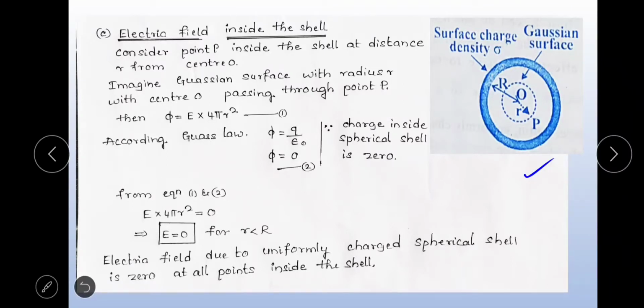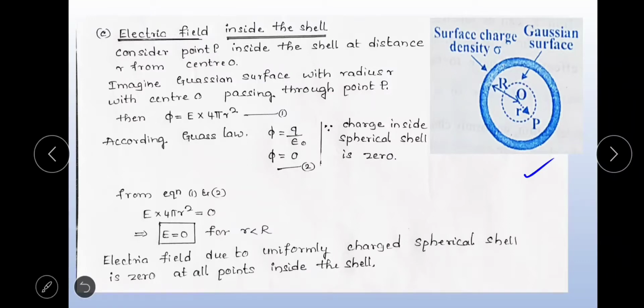Then phi equals E into delta S, where delta S is the area of the Gaussian surface. Here, equation 1 is written as E delta S into cos theta.